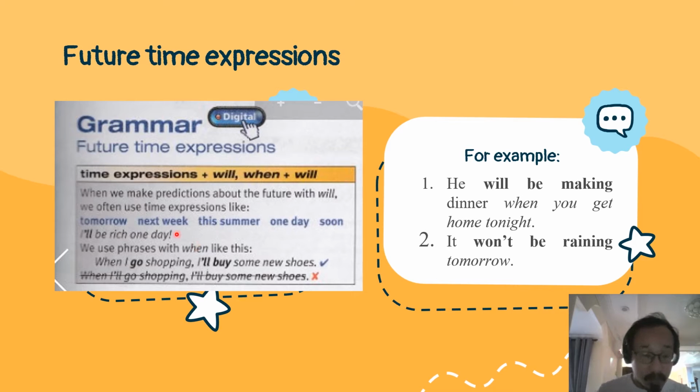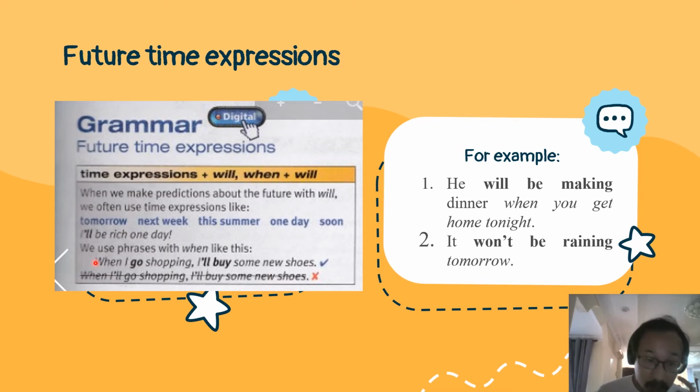An example that we have here is I'll be rich one day. So I will be rich one day. The sentence is saying that that person is going to become rich one day. Who knows? Maybe it's going to be tomorrow or maybe in 10 years time. But it is definitely going to happen.